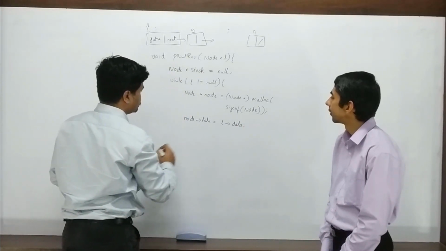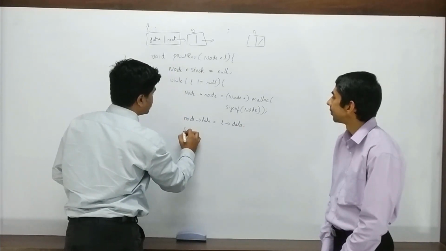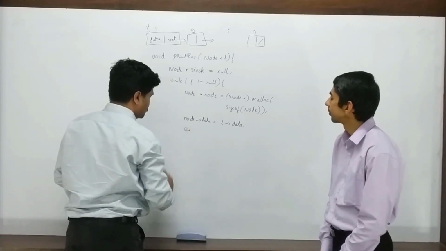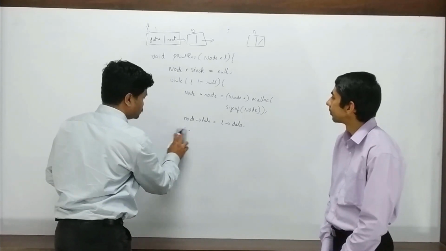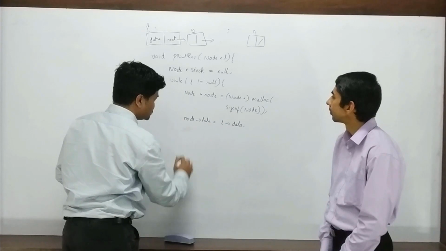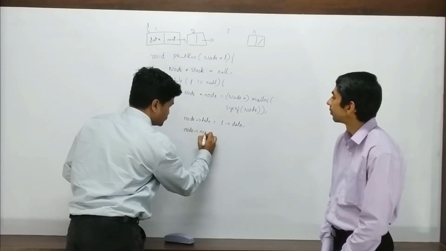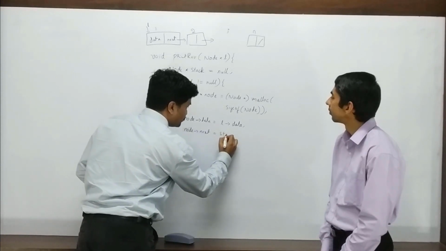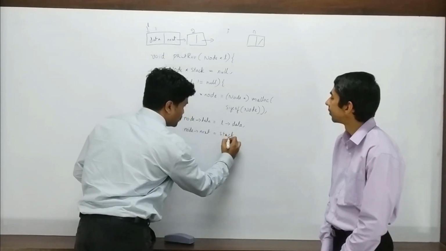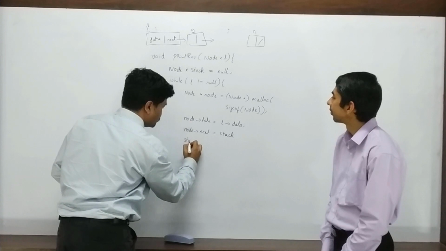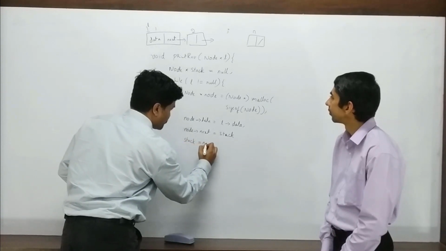Right. So when stack was pointing, wait a second. Because we are inserting at the head of the stack, node dot next is going to point to stack. And now stack I will repoint to node.